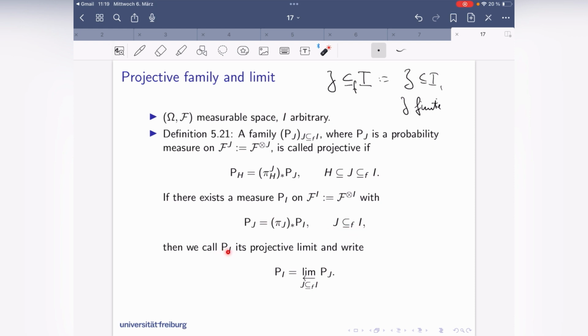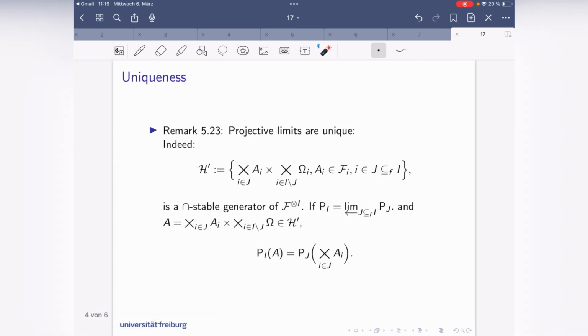Then we say that Pi is the projective limit of this family of Pj's, j finite. And as usual with limits, they should be somewhat unique. And that's the first remark here: projective limits are unique.